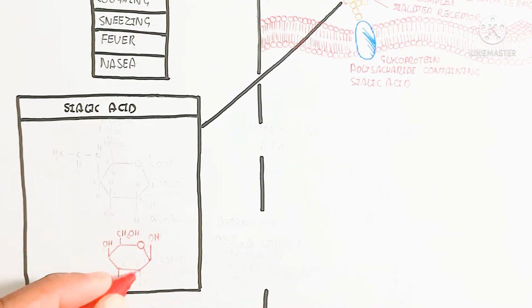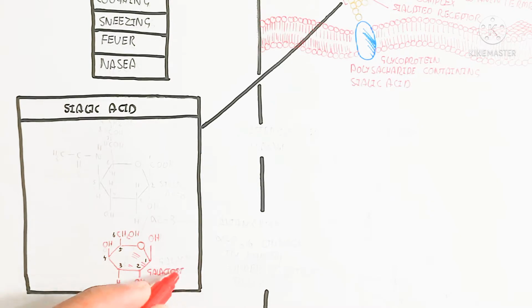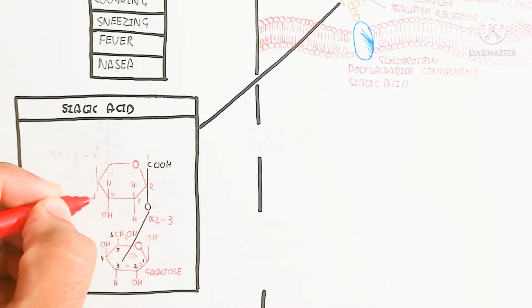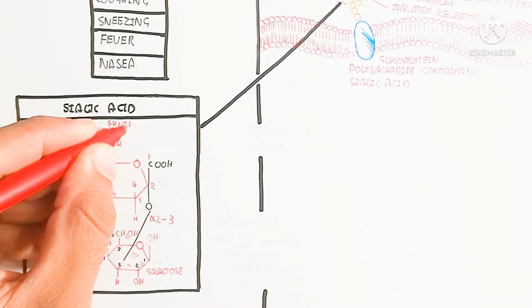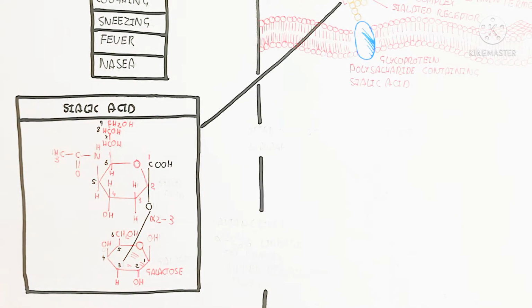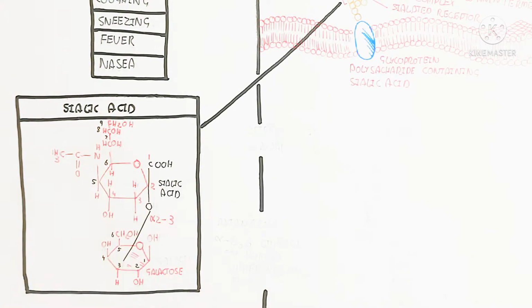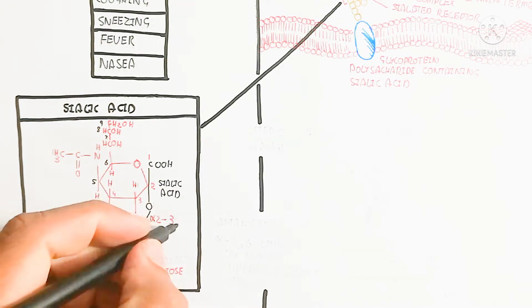The galactose attaches to carbon number 2 or carbon number 3 of the sialic acid, while the galactose is the terminal region for the attachment of the sialic acid.